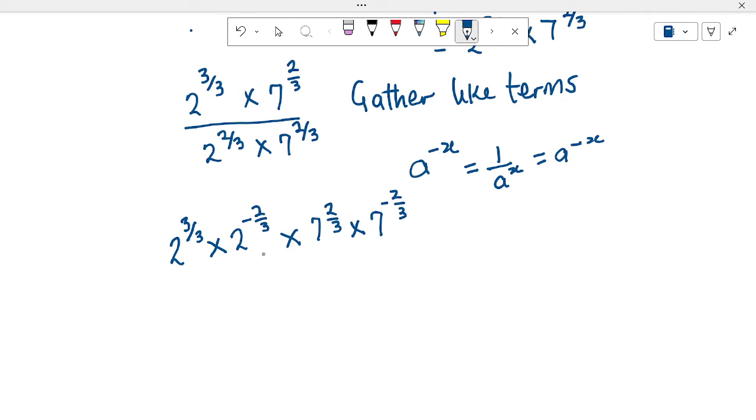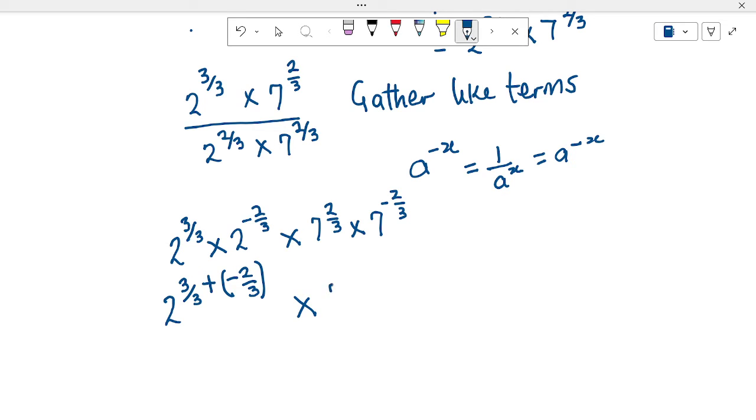And we can apply the law of indices. You can see that this and this are the same base. So you can gather them here. You have 2 raised to power 3 all over 3 plus minus 2 all over 3, right?